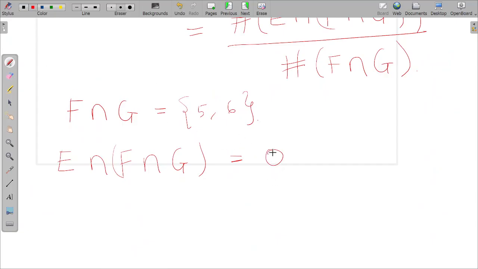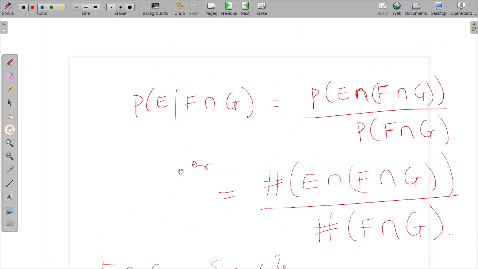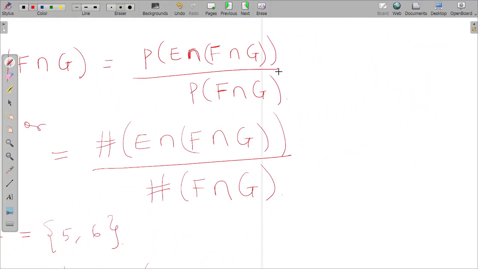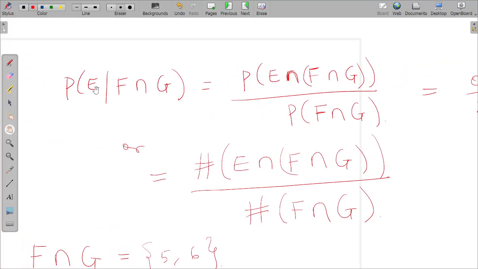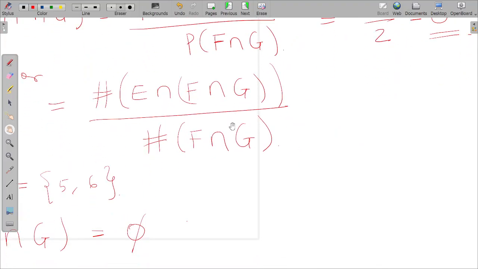So this number is 0, and this number is 2. But 0 over 2 is 0. So the probability of E given F intersect G is 0. It will not occur.